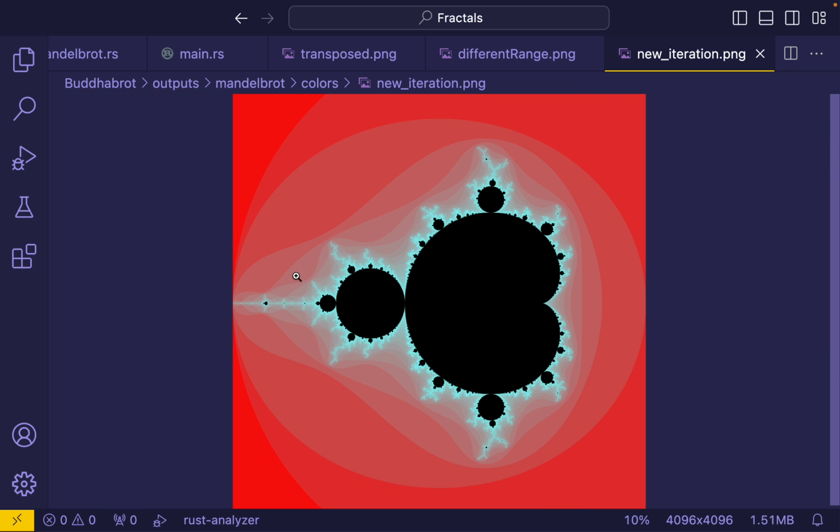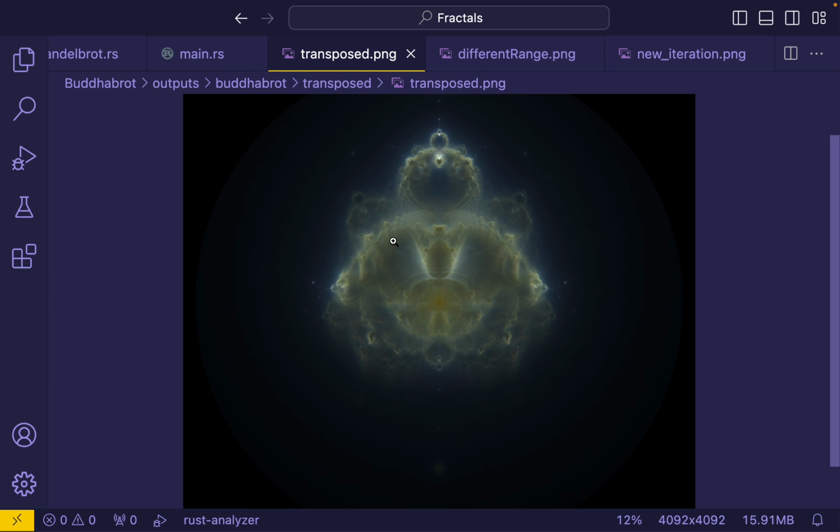And that's the Mandelbrot set, and it's heavily based on that equation, z_{n+1} = z_n squared + c. With that equation, we could do a lot of other things, and one of those other things is called the Buddhabrot set.